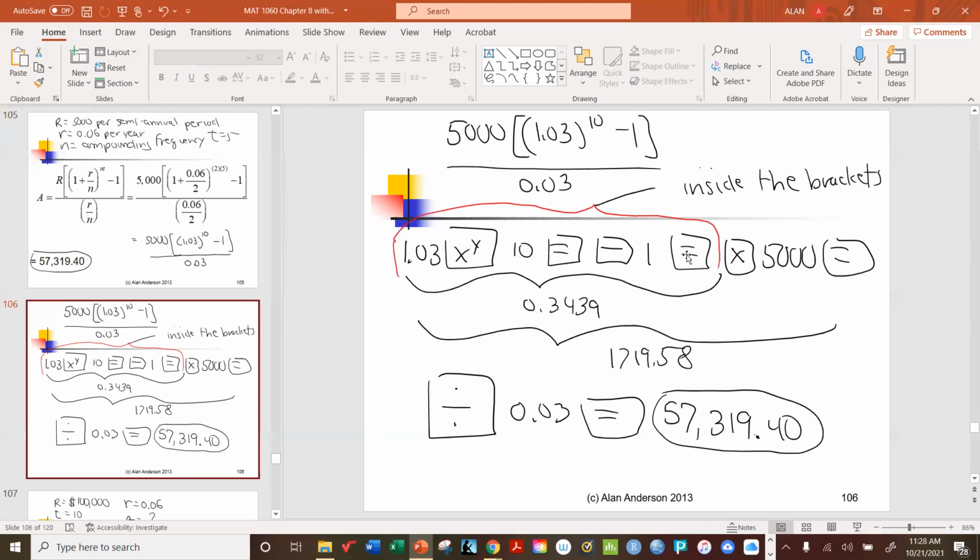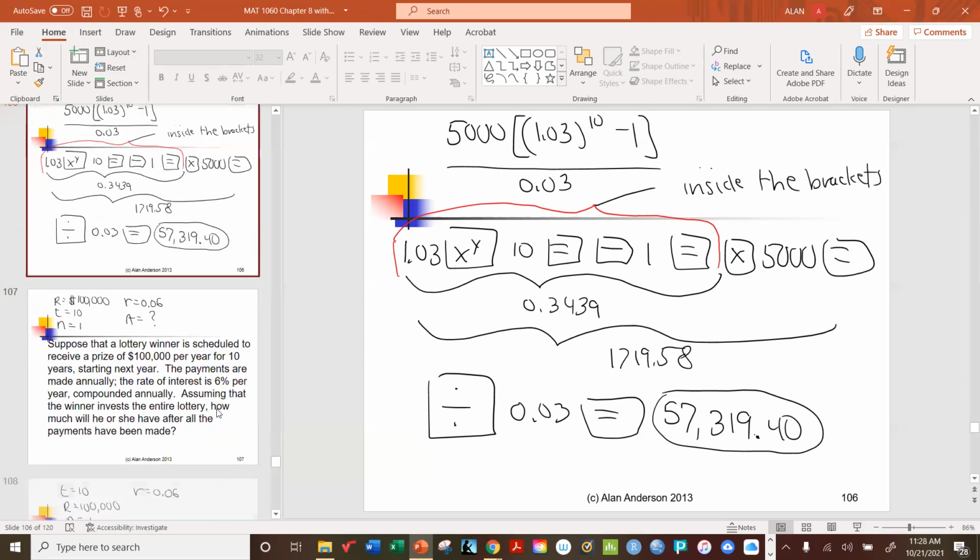That gives you what's inside the brackets, which is approximately 0.3439. When you multiply that by 5,000, times 5,000, equals, the entire numerator is approximately 1719.58. And then finally, divide by 0.03, equals, and there you go.